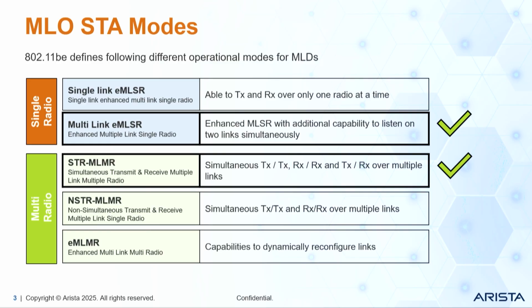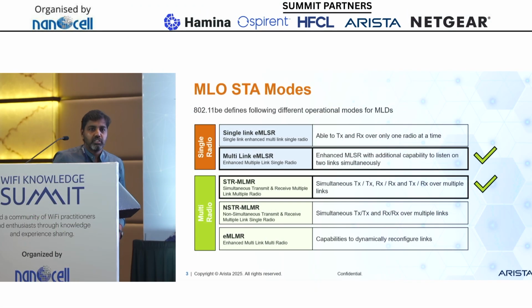Out of all these modes, the major ones are STR MLMR and EMLSR. STR MLMR has the ability to simultaneously transmit and receive on one and multiple radios, and EMLSR is dynamically switching between bands.